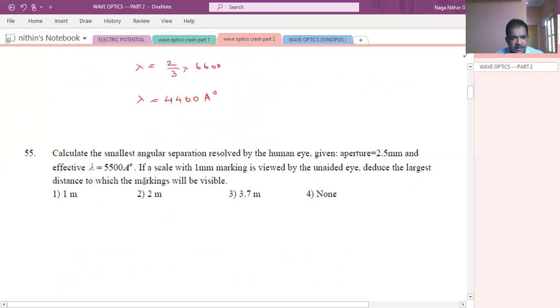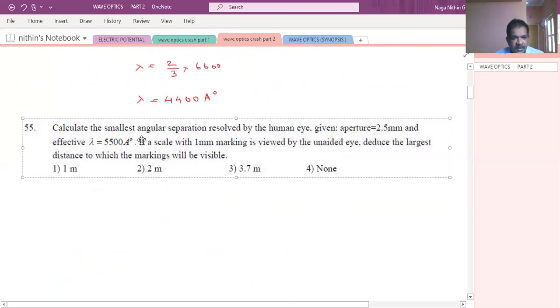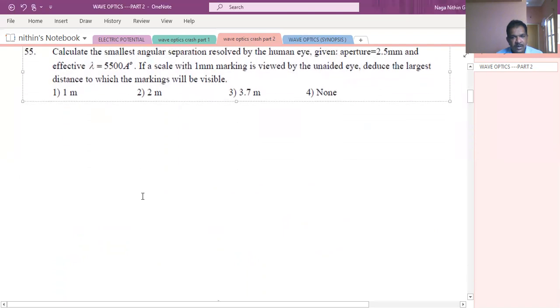See the next question. Smallest angular separation resolved by the human eye, given aperture is 2.5 mm. So a value will be 2.5 into 10 power minus 3.